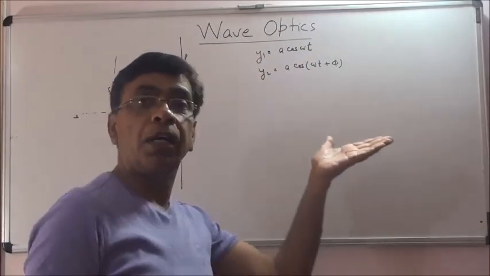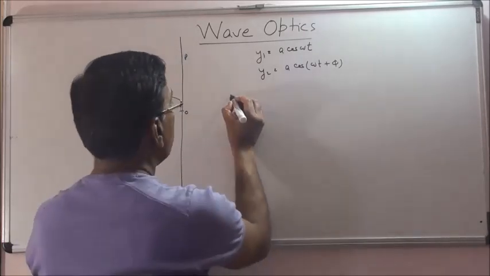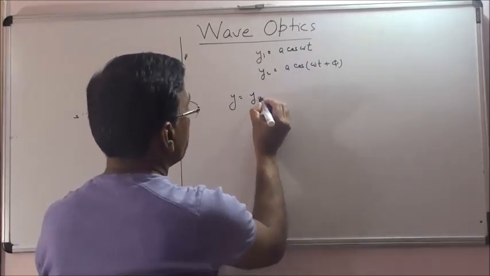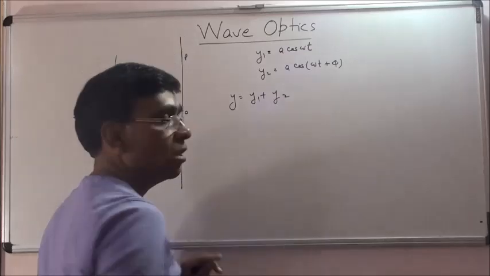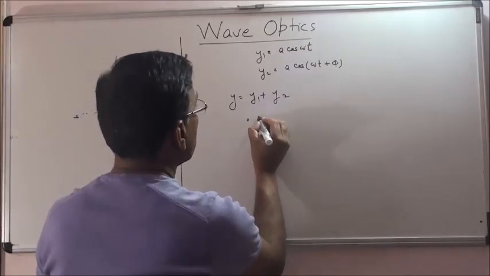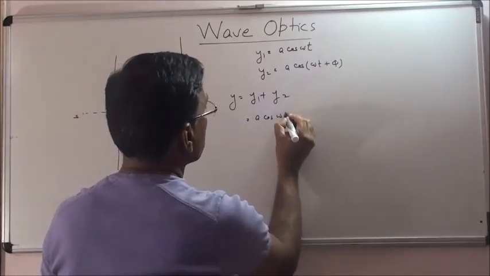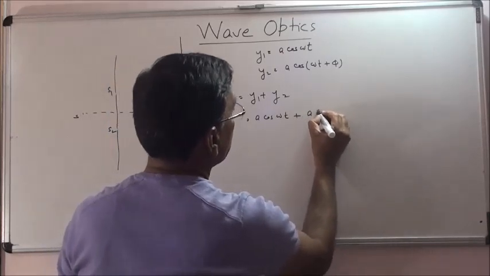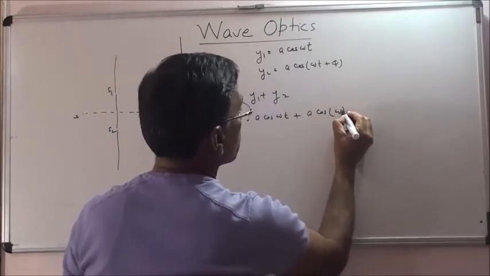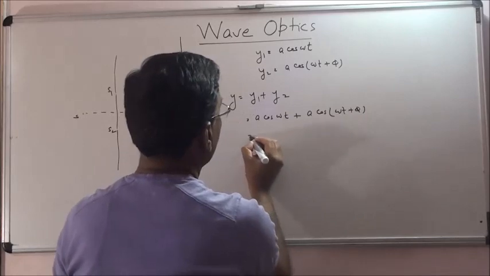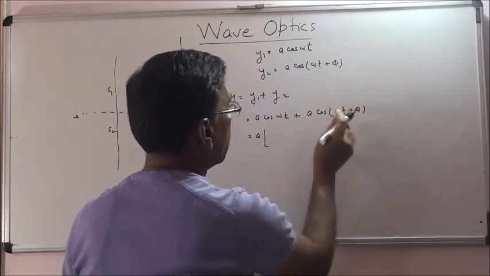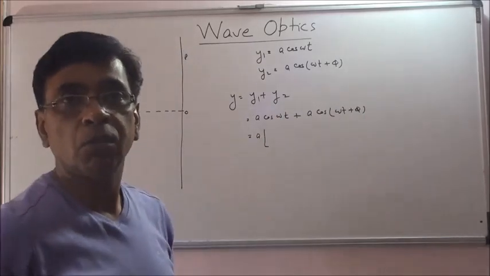Now we will do it mathematically. What is Y? The principle of superposition says it is just the sum of the two. So it is A cos omega t plus A cos (omega t plus phi). A can be taken out. We can apply the expression cos C plus cos D.